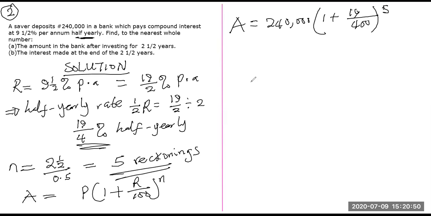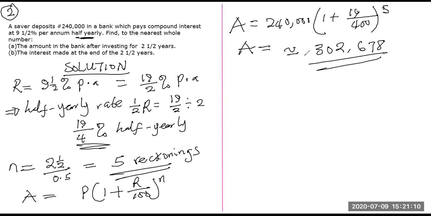With your calculator, if you simplify this, you are going to have the amount, approximately 302,678.